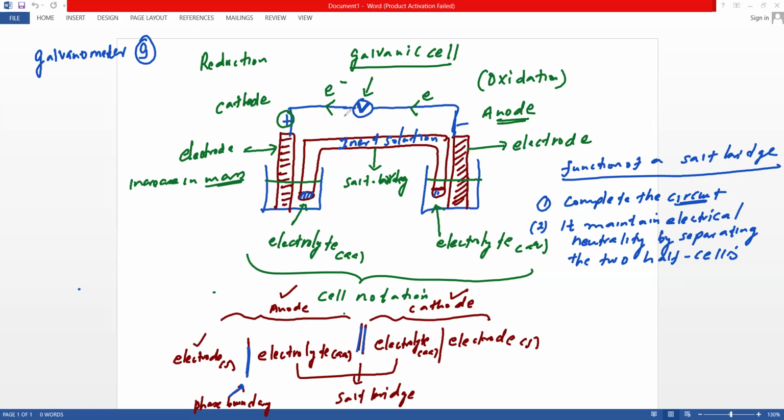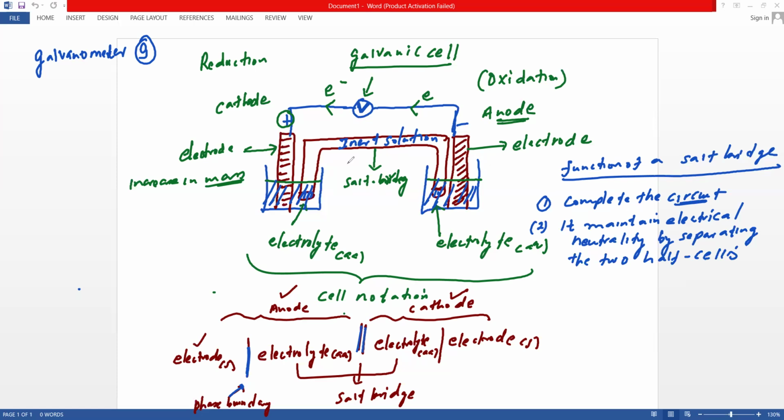Remember, inert has to do with unreactive. So they put a solution which will not react with the electrolyte. Its use is just to maintain electrical neutrality so that whatever is in the cathode should not go to the anode, and whatever is in the anode should not go to the cathode.